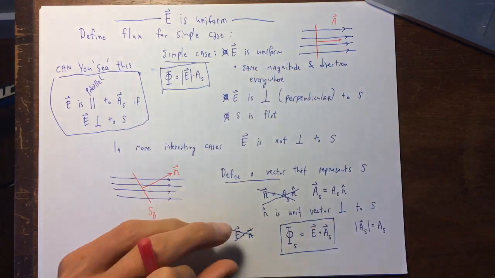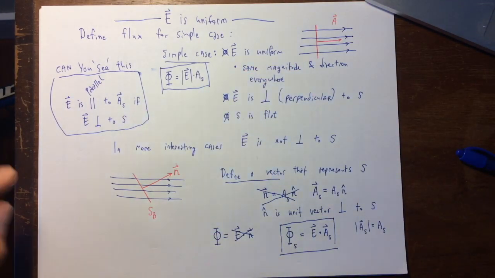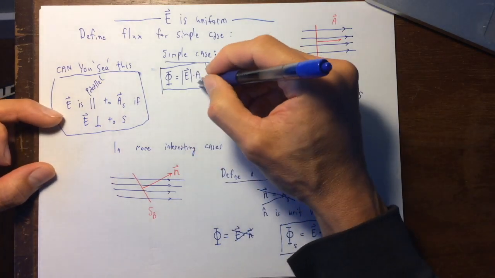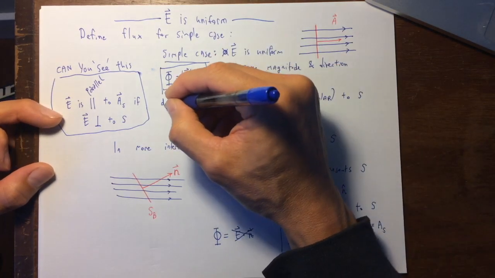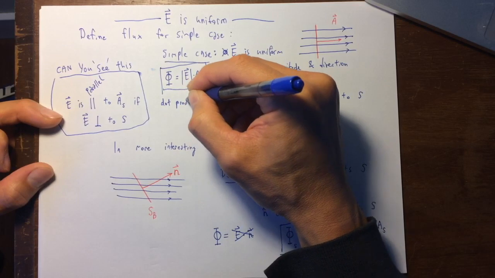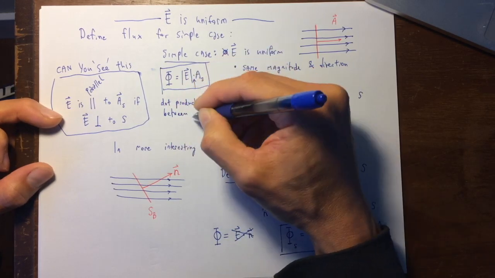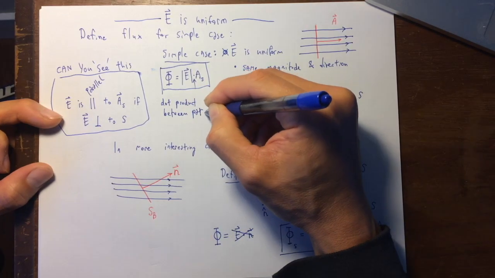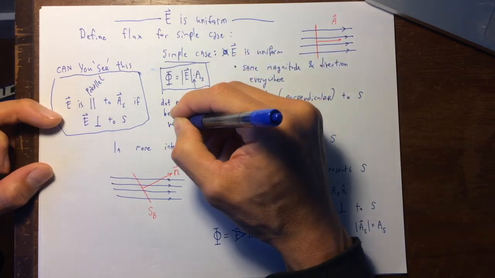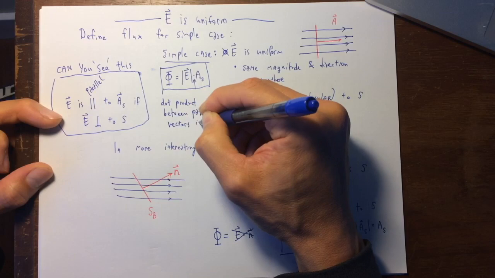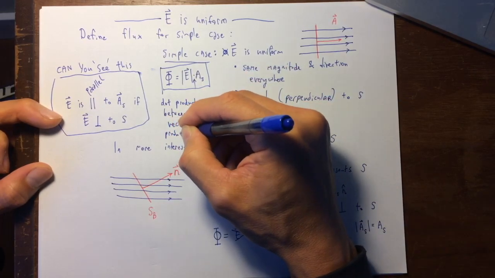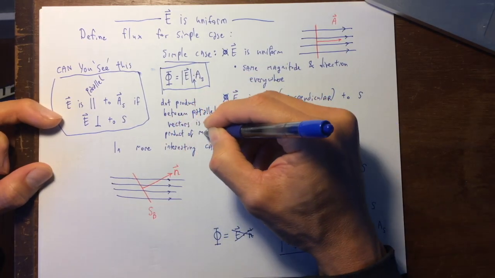That's what I'm saying here. So in this case, you have to remember what a dot product does. The dot product between parallel vectors is the product of magnitudes.